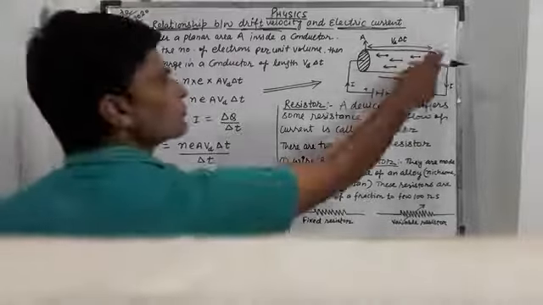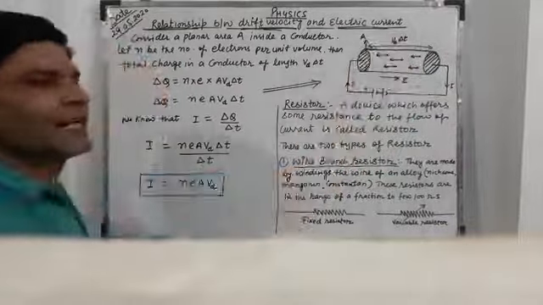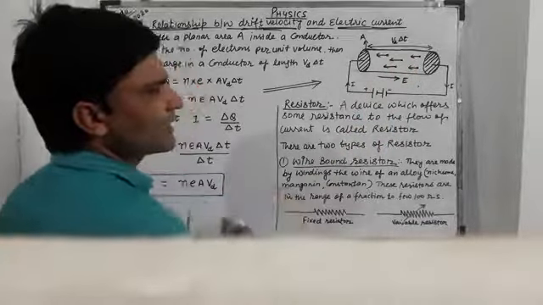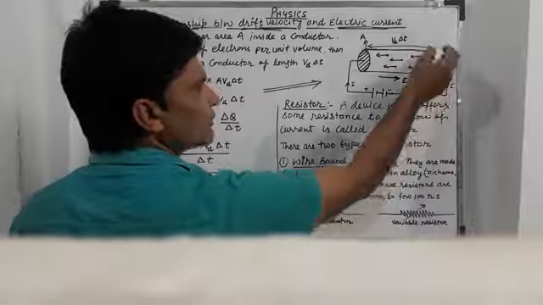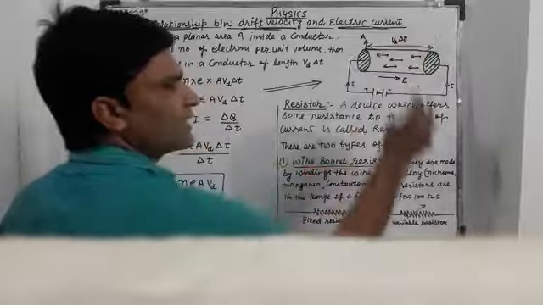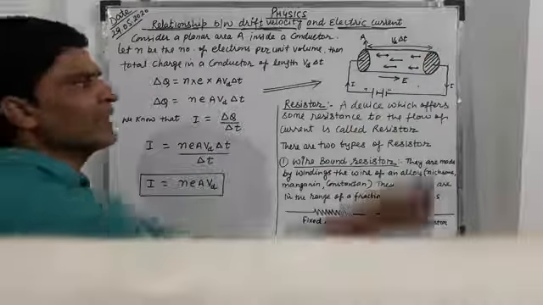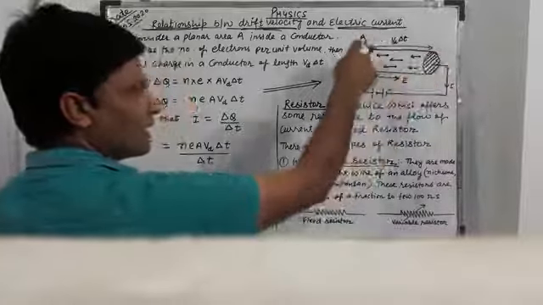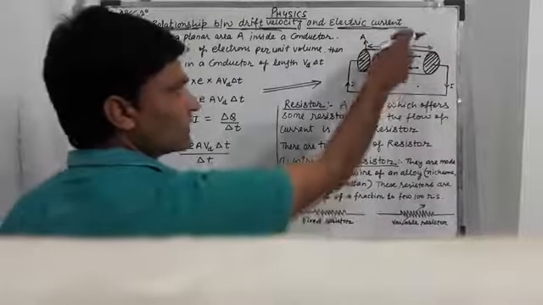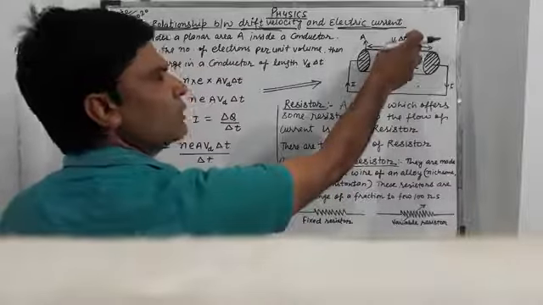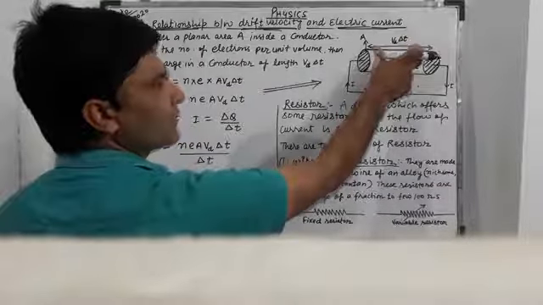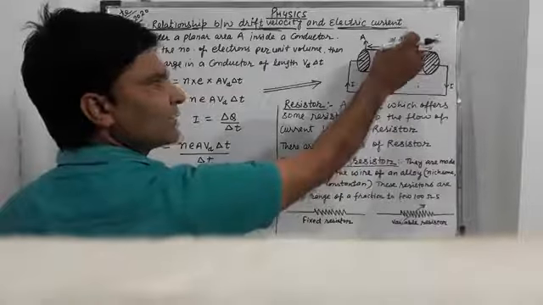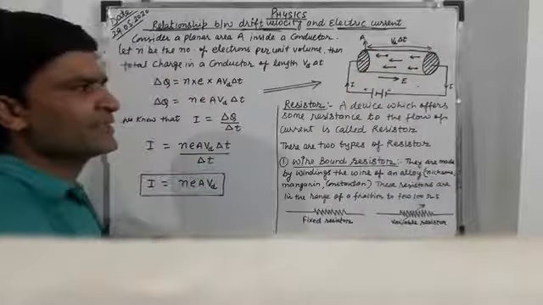So in delta t time they cover the distance Vd into delta t and reach from one end to another end. Speed into time is equal to distance, so Vd delta t represents the distance.